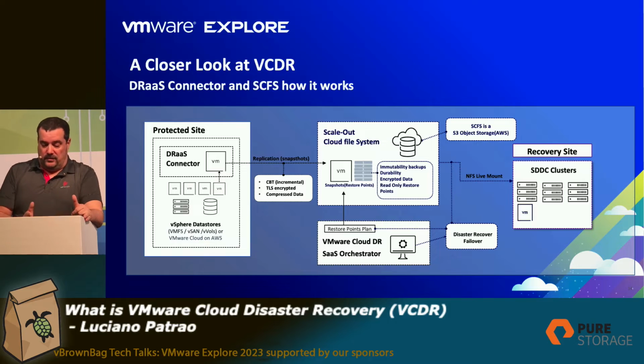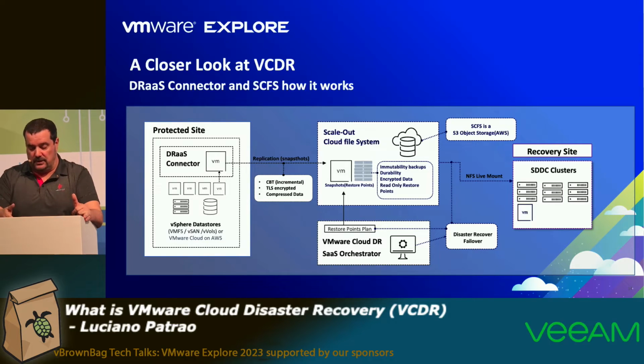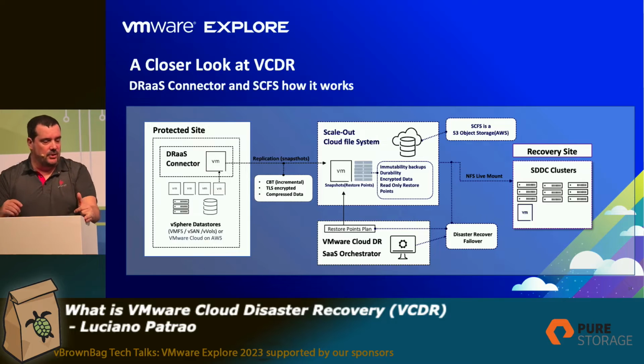If you see here, you have a replication of snapshots to your scale-out cloud file system, and inside of here you have immutable backups, durability, encrypted data, and also, very important, read-only restore points. That means there is no way this can be changed by any ransomware or any other attack.